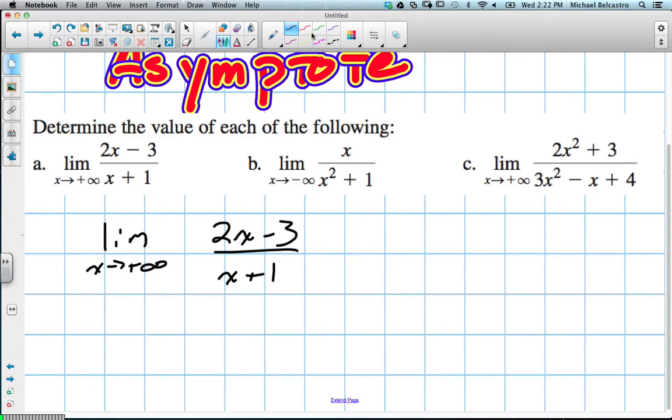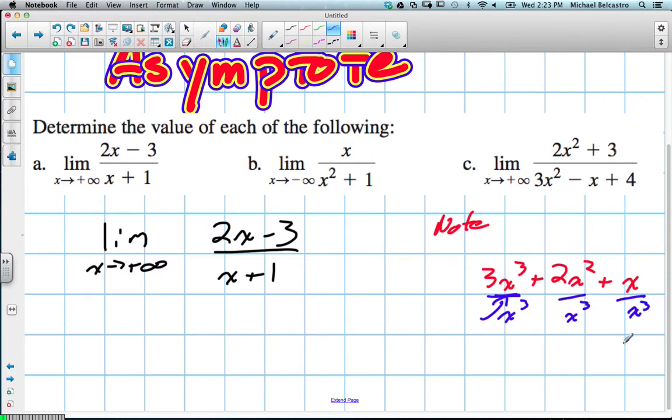As a side note, let's say I had 3x cubed plus 2x squared plus x. What I want to do is take the variable with the highest exponent, which in this case is x to the power of 3, and common factor out x cubed from each of these.